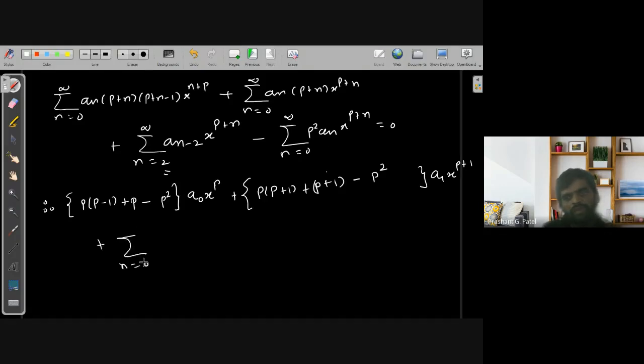Now the rest of the terms are as they are, so n running from 0 to infinity. I'm writing the terms of a_n separately, or I can write down all the terms having x power n plus p together. So it is a_n times (p plus n)(p plus n minus 1) plus (p plus n) minus p square, times x power n plus p, equal to 0.